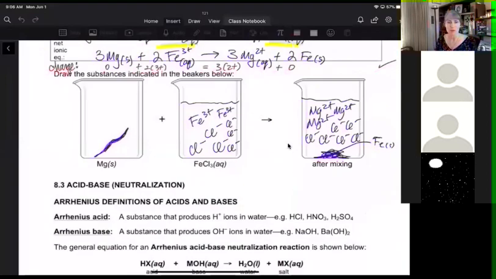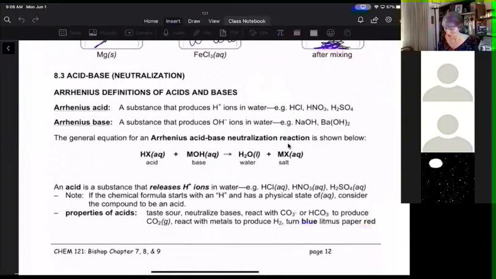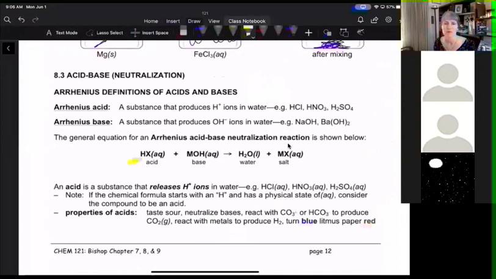So they look a lot like precipitation reactions because they're a double replacement. And the thing that makes them sort of special is that you have an H and an OH forming a new water molecule each time. So formation of that new water molecule. So when we do that double replacement, we will have a salt and the water molecule.